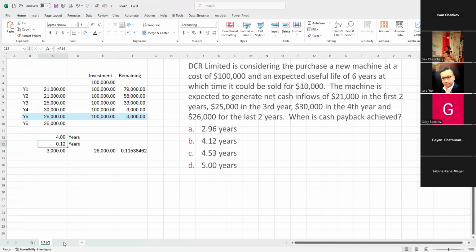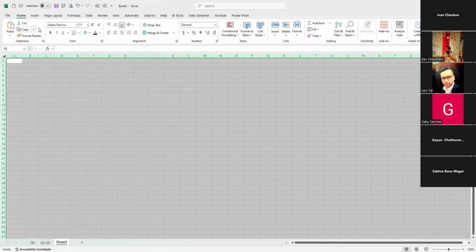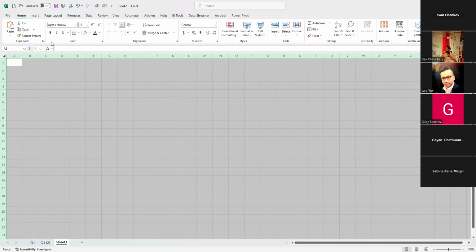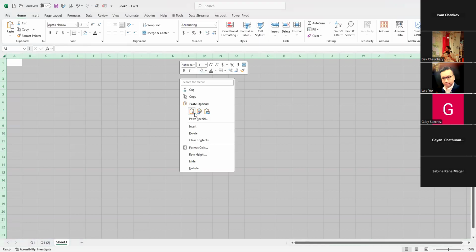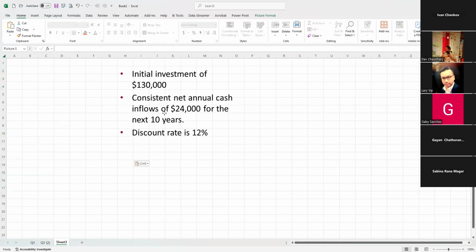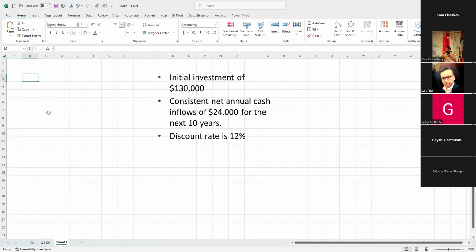So what we have to do is I'm going to open a new worksheet, and it's just quickly going to show you how this one is done. Once you have the information, what you have to do is the initial investment: how much you're spending today.